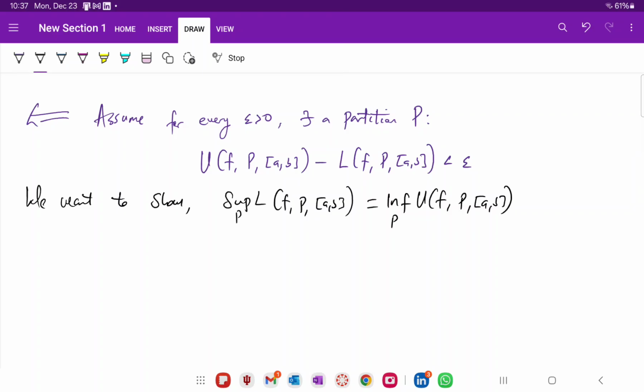So by definition, we have our upper Riemann sum.